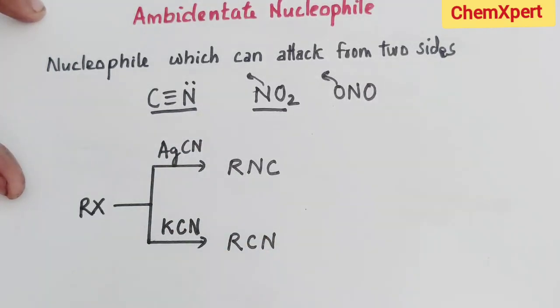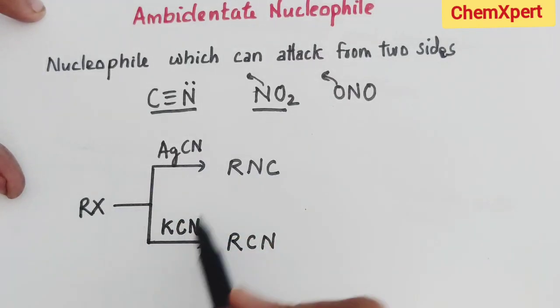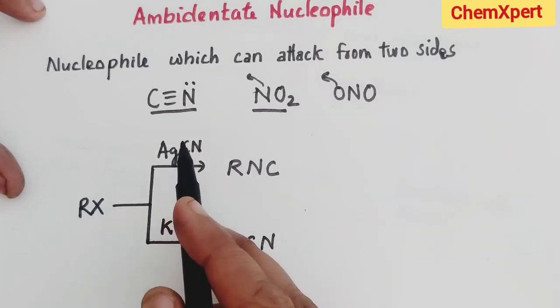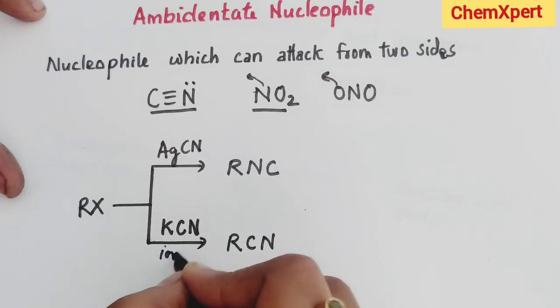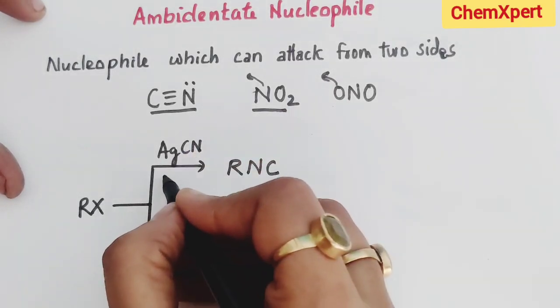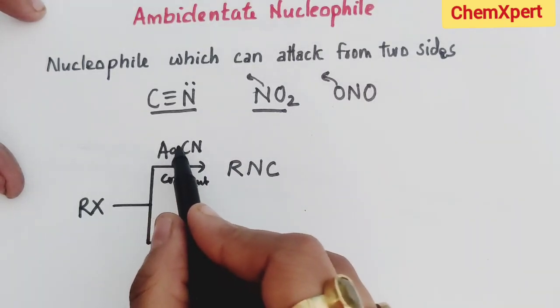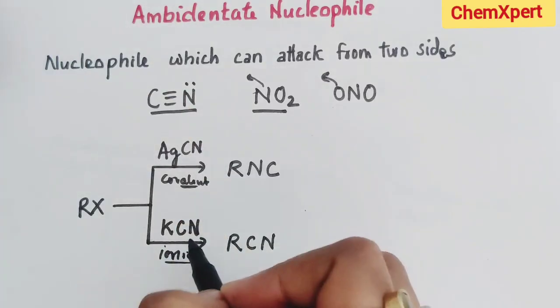Now the question is, why in case of AgCN does it attack from the N side, and why in case of KCN does it attack from the carbon side? The answer lies in its behavior. KCN is an ionic solid, whereas AgCN is covalent. In the covalent case, this bond here is stronger, and it can attack from the lone pair which is present on the nitrogen side.